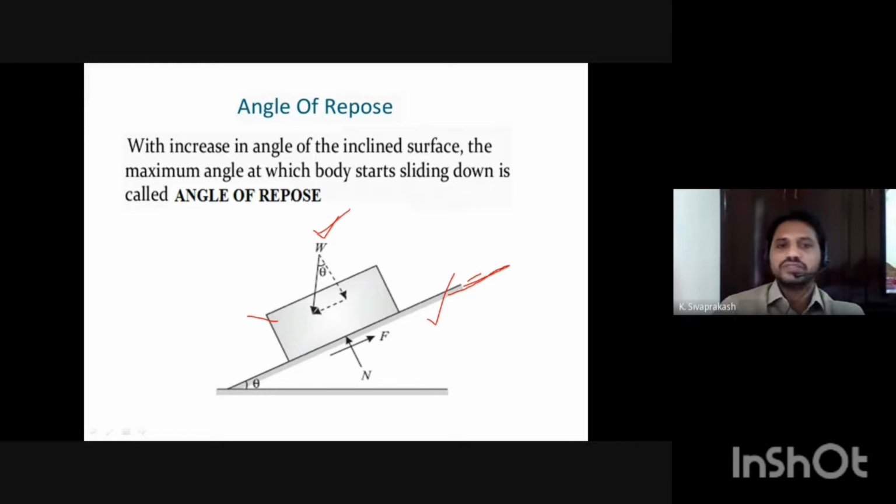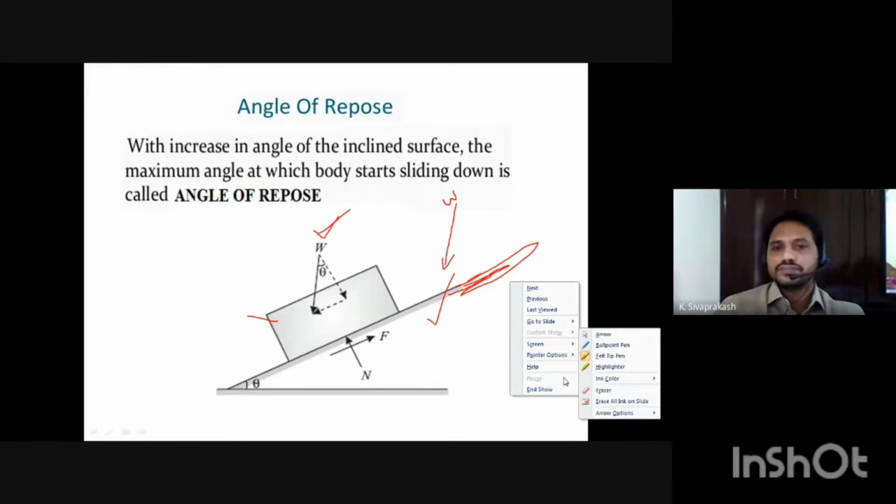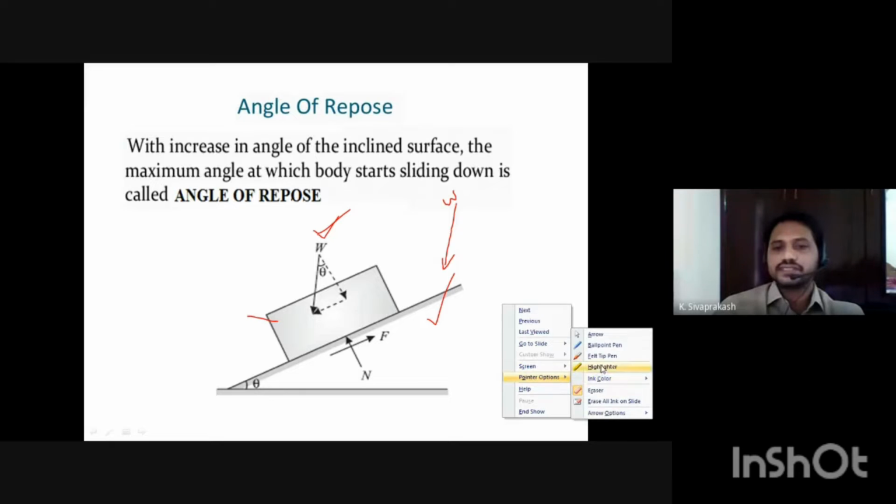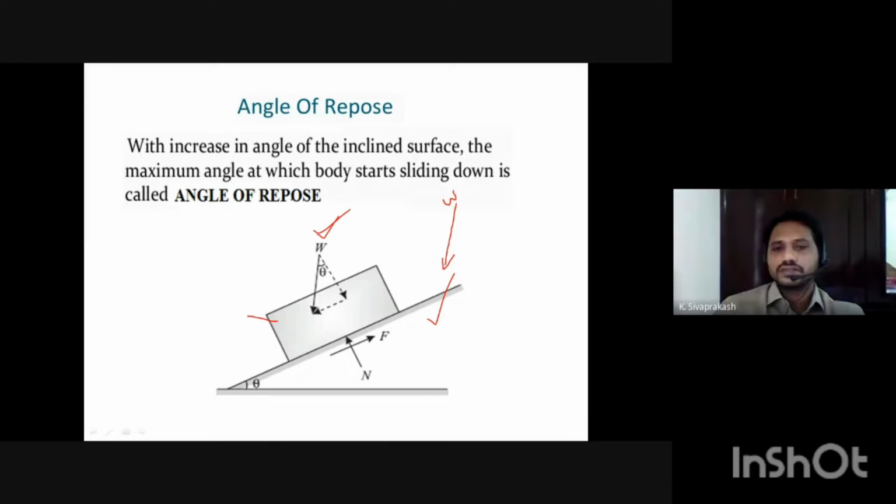Is it a horizontal force, a vertical force, or an inclined force? I am asking with respect to the inclined surface. That is an inclined force. Why? Because with respect to the inclined surface, this is the inclined force.